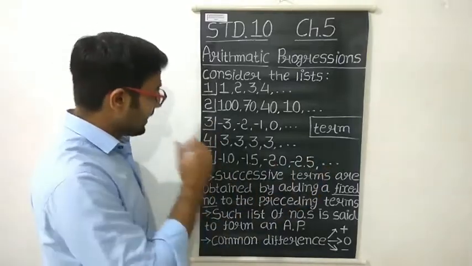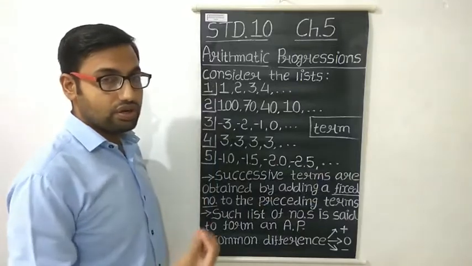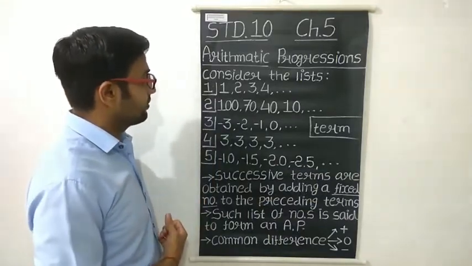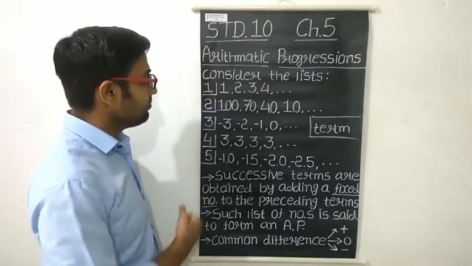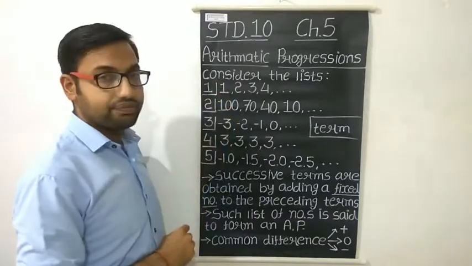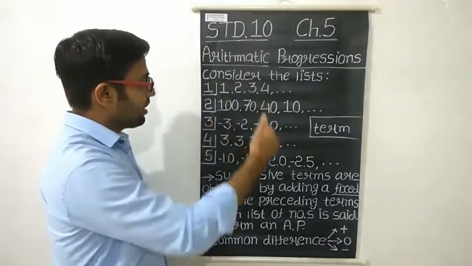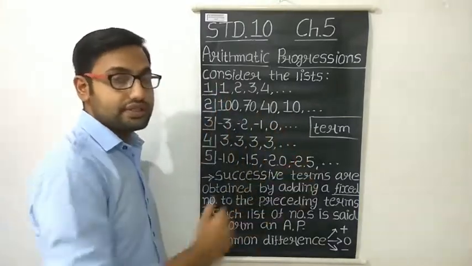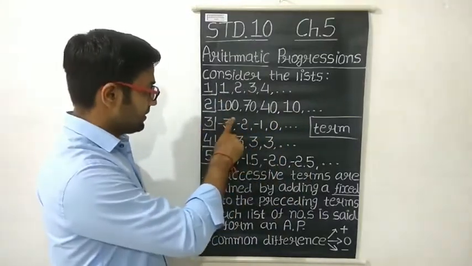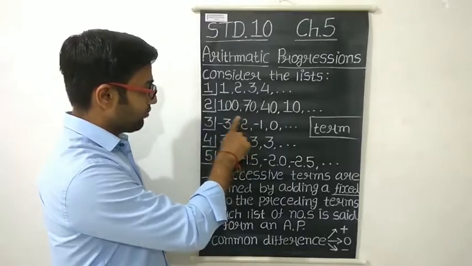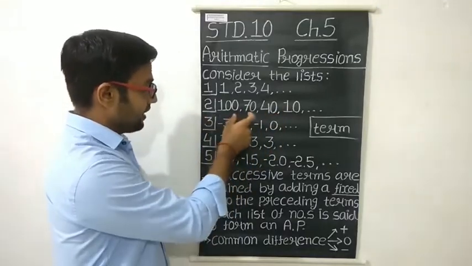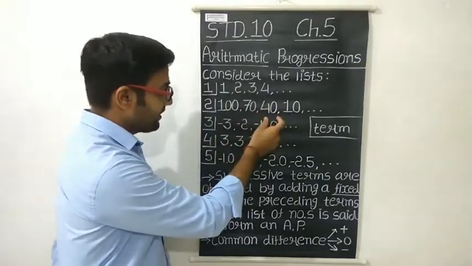So in all these examples, what can we observe? In the first case, the number is continuously increasing, like 1, 2, 3, 4, 5. For the second case, what happens? The numbers are continuously decreasing, right? First the number is greater, then a smaller number, then again a smaller number.